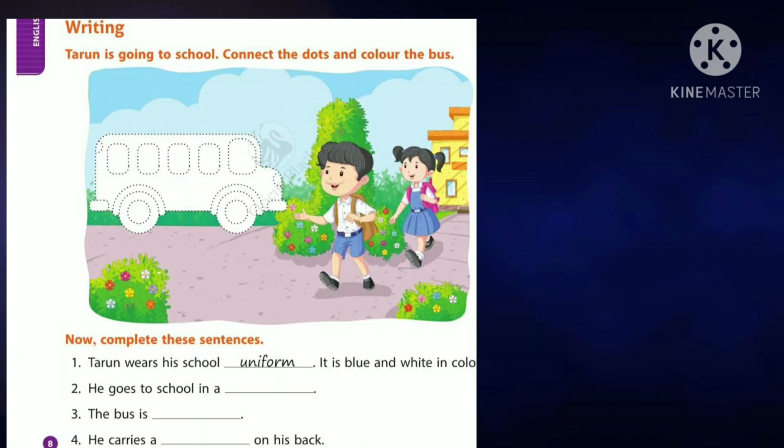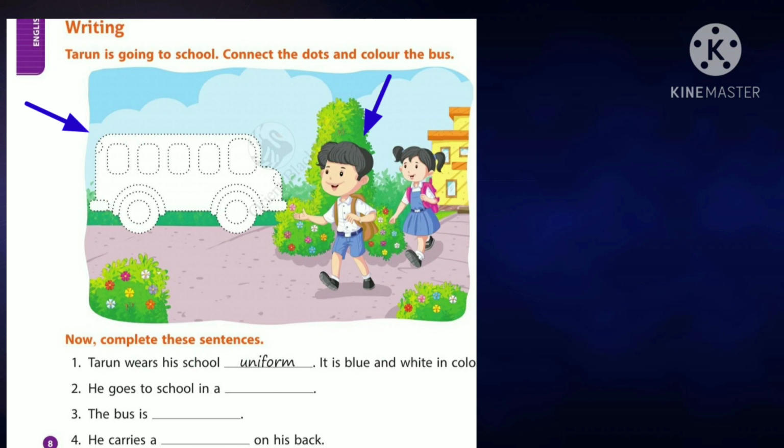All of you take page number 8. Writing. Tarun is going to school. Connect the dots and color the bus. Below you can see a picture. We have already studied about Tarun. So Tarun is going to his school. You can see Tarun.